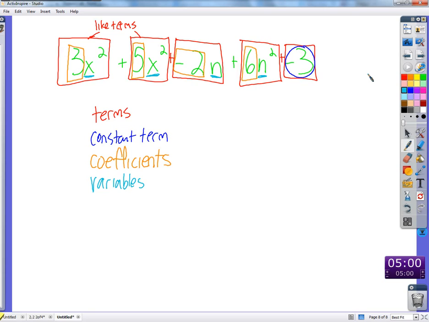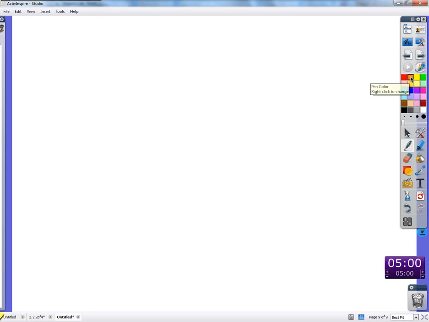Let's look at, still talking about like terms. 2x plus 3xy. How would I put these together? Add them together, 5 of something? Would it be 5x squared? What is x squared?